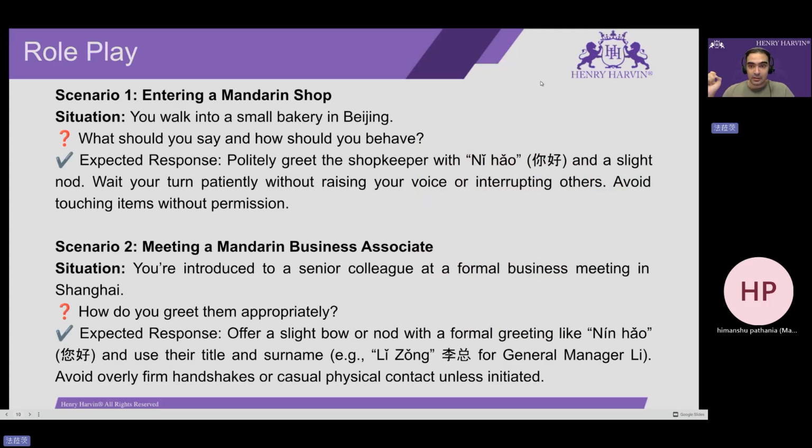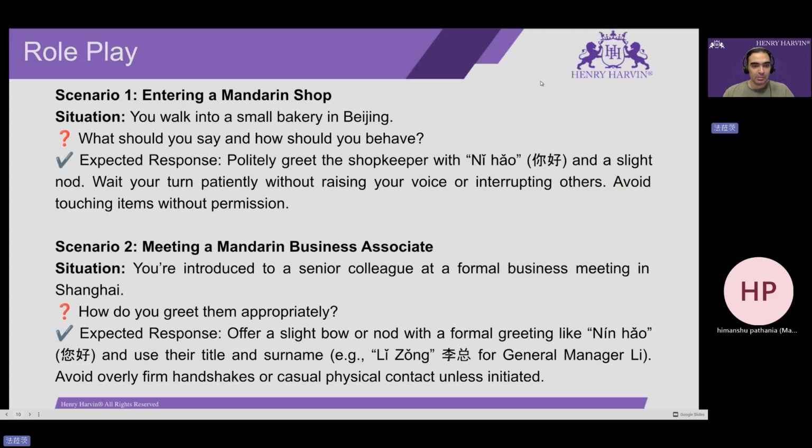Politely greet the shopkeeper with the expression "ni hao" and a slight nod. Wait for your turn patiently without raising your voice or interrupting others. This is also a very important aspect of this whole scenario. Avoid touching items without permission. So this is also a very important aspect here.